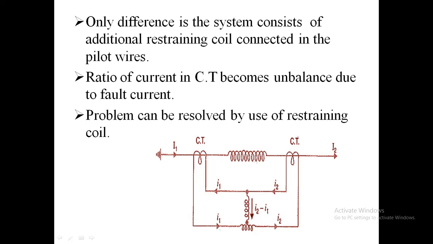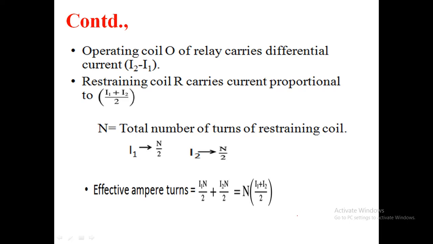The term bias is used because of the restraining coil, which produces the restraining force. Here the operating coil O carries the differential current I2 minus I1, and the restraining coil is proportional to the average current.